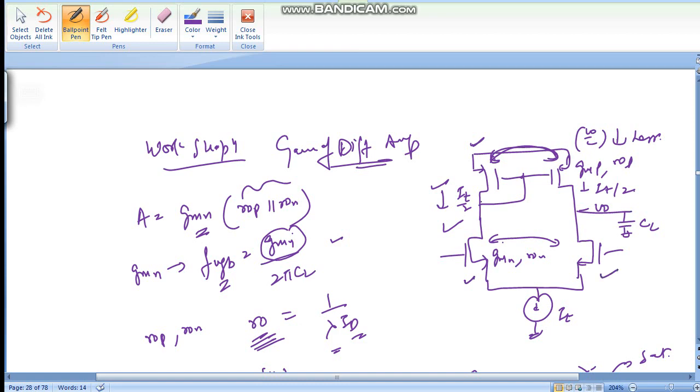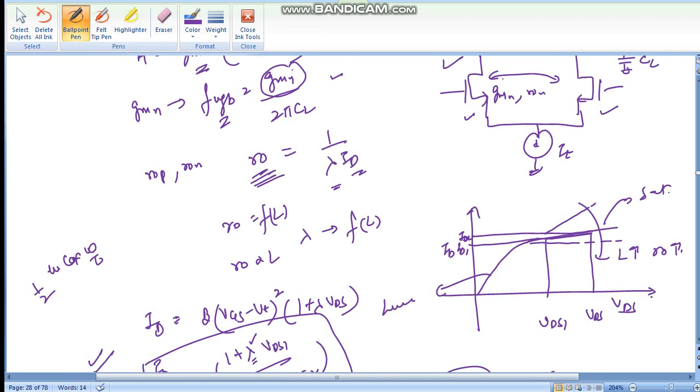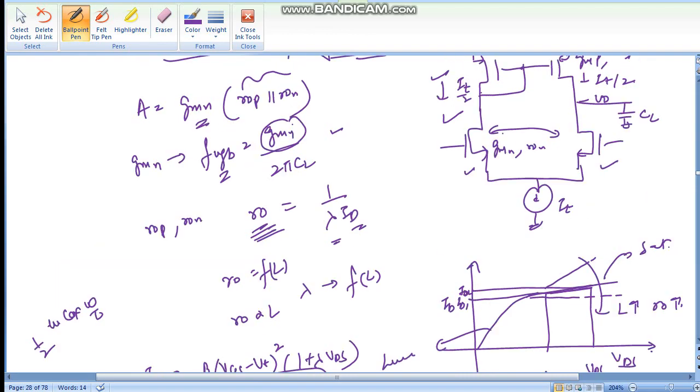So it will give us whatever gain we decided or more, good bandwidth and less offset or less mismatch between devices.